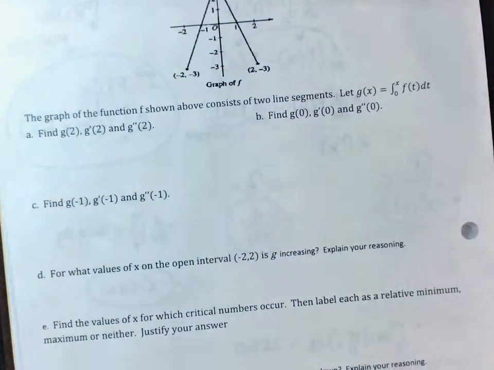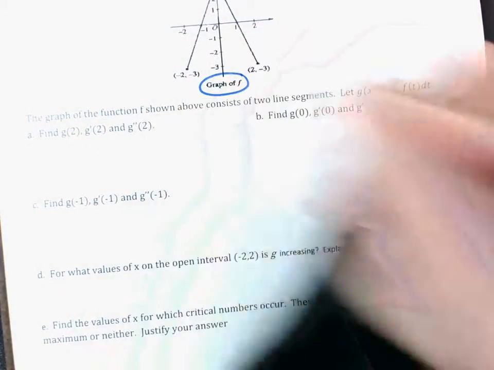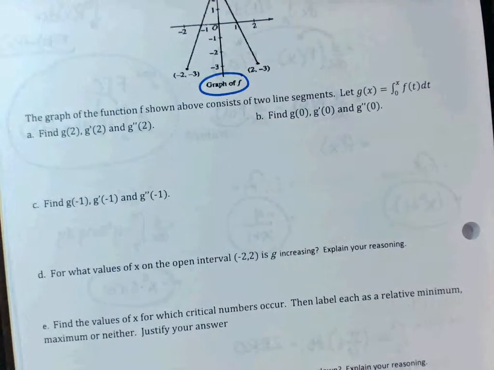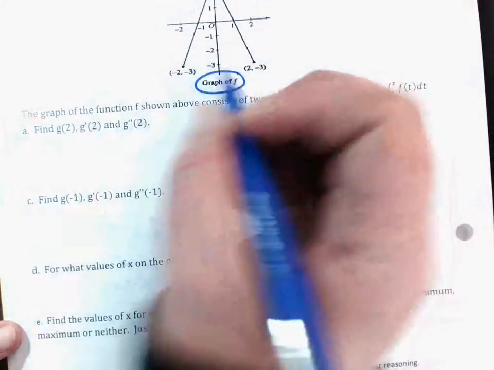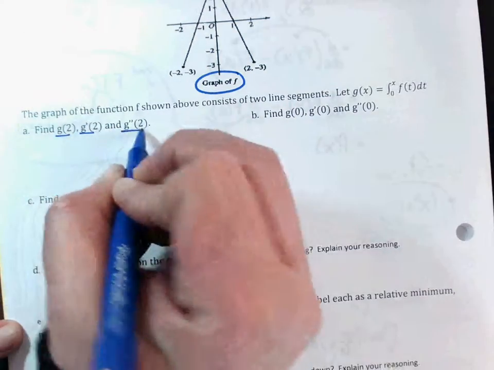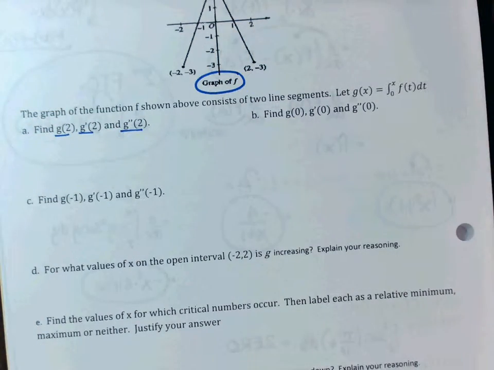What function? F. Now, what are they asking me for in parts A, B, and C? Are they asking about F? G. That's how you know you're doing the fundamental theorem. This is a graph of F. They're asking you questions about G. Do we have a graph of G? No. If we did, we'd be looking at that graph, but we have F instead.